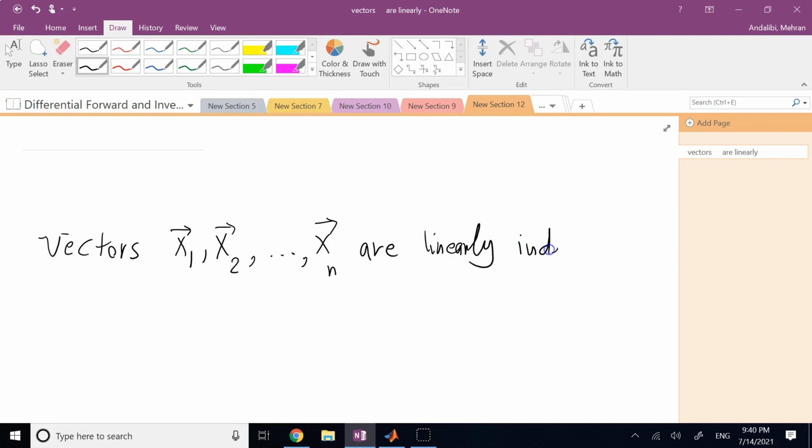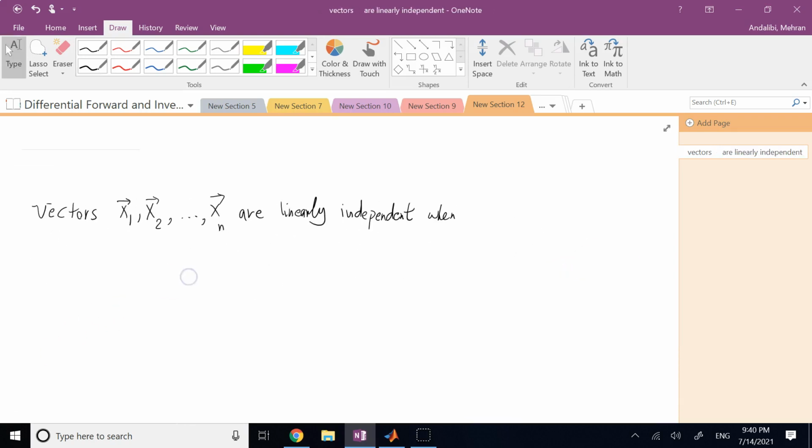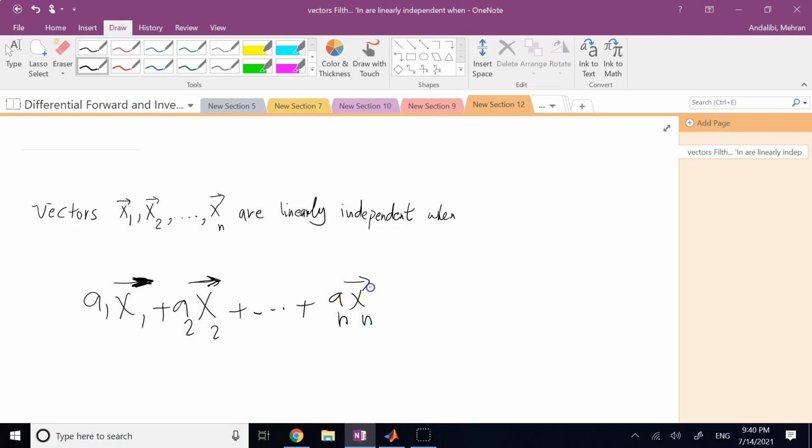When the linear combination of them, a1 x1 plus a2 x2 plus all the way to an xn, where the a's here are scalars, we call them weights, is equal to vector 0 if and only if, IFF means if and only if, all of these gains are equal to 0.